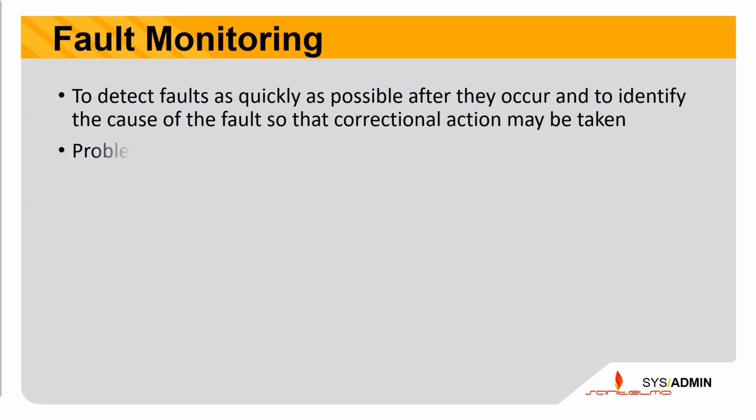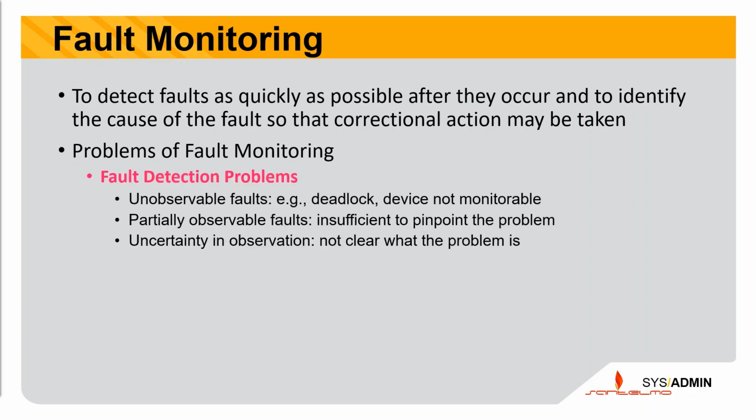Okay, so problems on fault monitoring. This includes the fault detection problem. There are unobservable faults, for example, deadlock, where the device is not monitorable. Deadlock is unobservable. I mean, you don't know when it will be coming. We all know that deadlock happens only if the resources requested by the application cannot be granted.